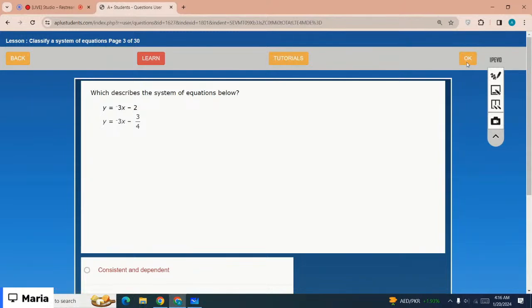Which describes the system of equations below, which is the correct option? y equals negative 3x minus 2 and y equals negative 3x minus 3 over 4. Which is the correct option?